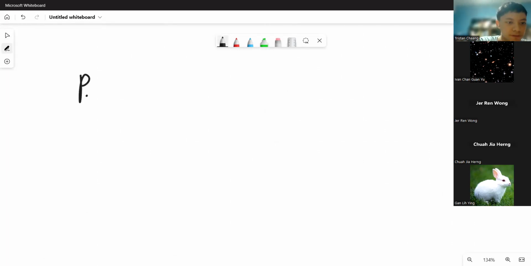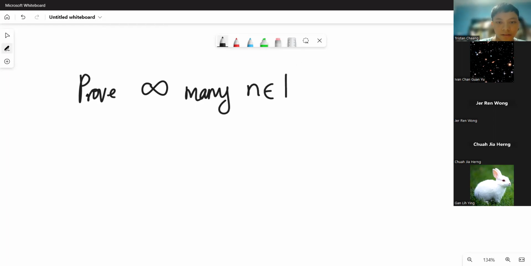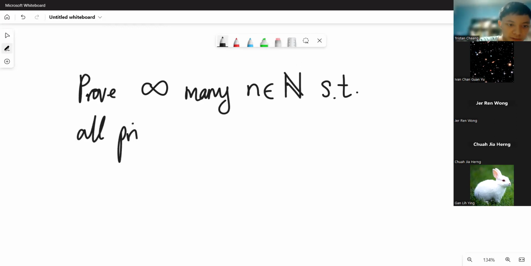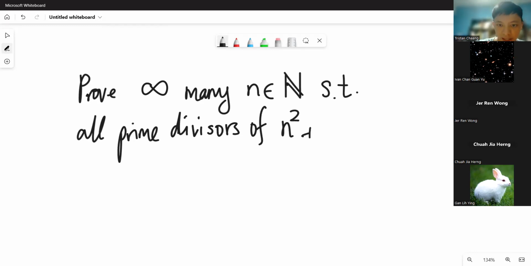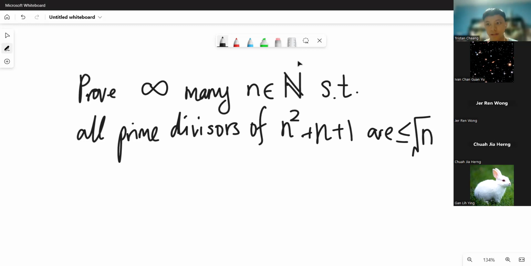Prove there are infinitely many positive integers n such that all prime divisors of n squared plus n plus 1 are less than or equal to square root n.